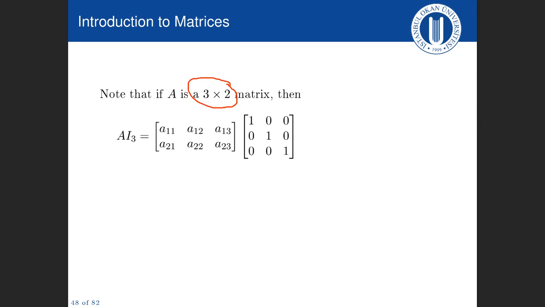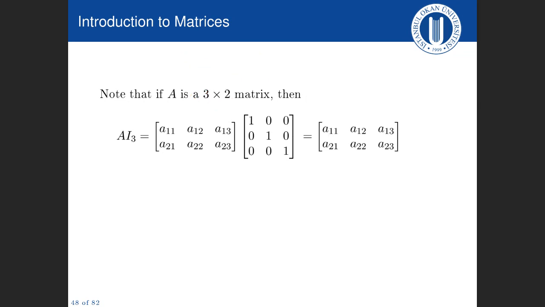A is a 2 by 3 matrix. Then we can do A multiplied by I3, because 2 by 3 multiplied by 3 by 3, the inner sizes are the same. And we're going to end up with a 2 by 3 matrix.